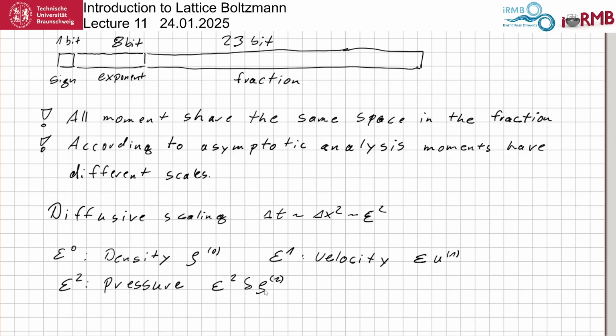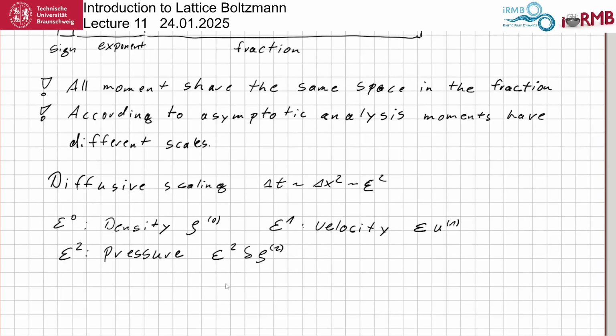So, as a reminder of how this works, we do not store u1. This is nothing that we have. What we have is u, and u is composed of epsilon u to the first order, and this is the solution.